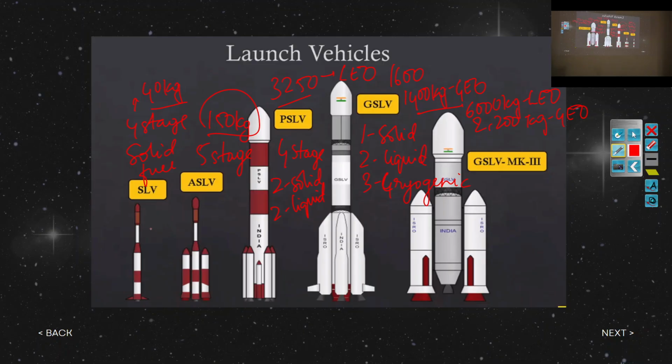Then we have GSLV, Geosynchronous Satellite Launch Vehicle. This has three stages: first liquid, one liquid stage, and then one solid, liquid and cryogenic.